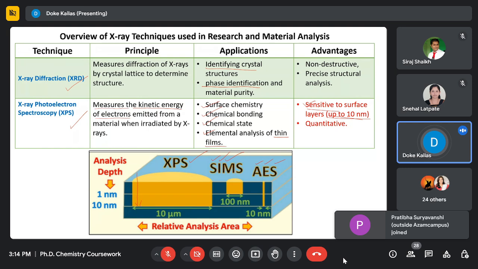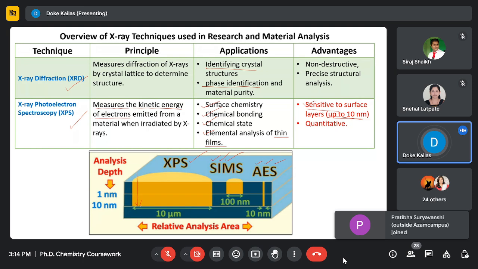The scale is given over here. This line indicates that it is up to 1 nanometer. And with Auger electron spectroscopy, we can do estimation up to 10 nanometers. So depth-wise, XPS and AES are more superior than secondary ion mass spectroscopy.